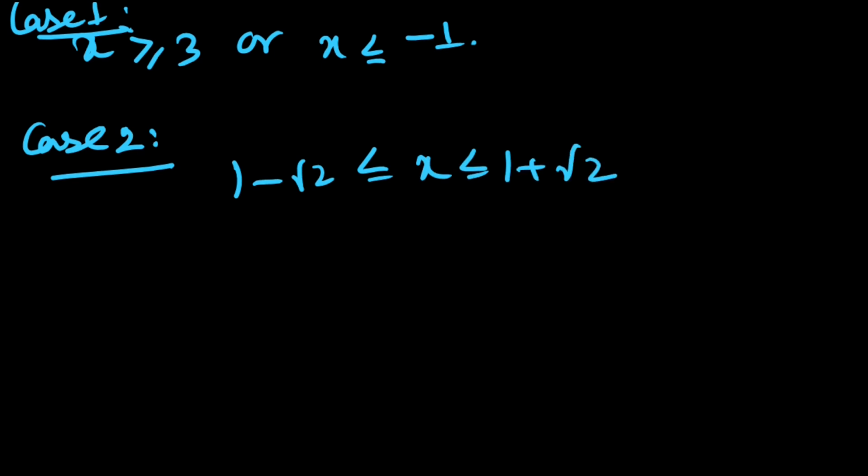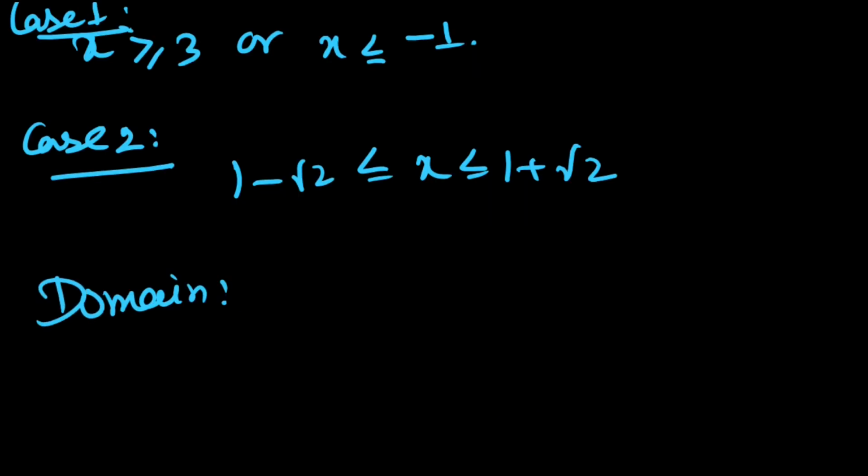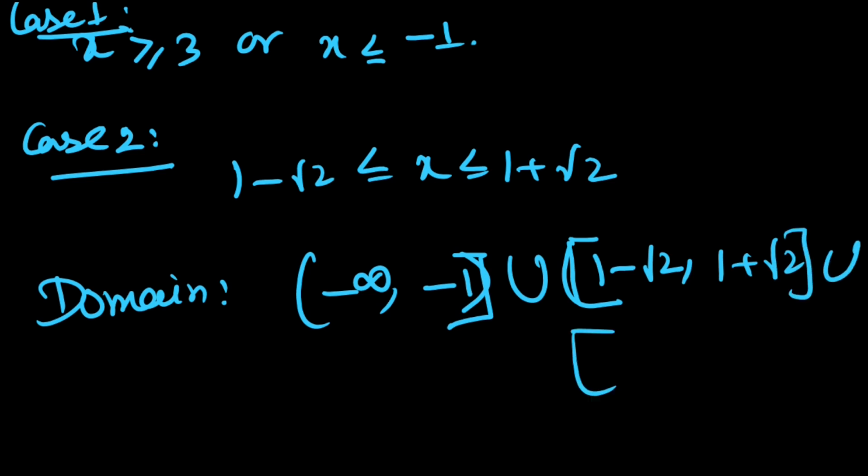And given that our domain is minus infinity comma alpha union beta comma gamma union delta comma infinity, so our domain we write in this way. x lesser equal to minus 1 means minus infinity to minus 1, union 1 minus root 2 comma 1 plus root 2 closed, union x greater equal to 3 means 3 to infinity.